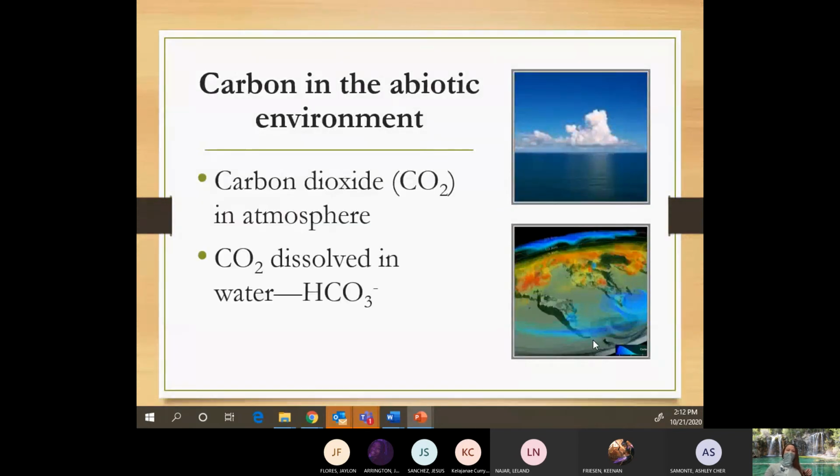So when we talk about carbon in the abiotic environment, we're talking about the open ocean, for example, like KK was talking about. We're going to talk about carbon dioxide, and also carbon dioxide dissolved in water, which is generally referred to as HCO3 minus.